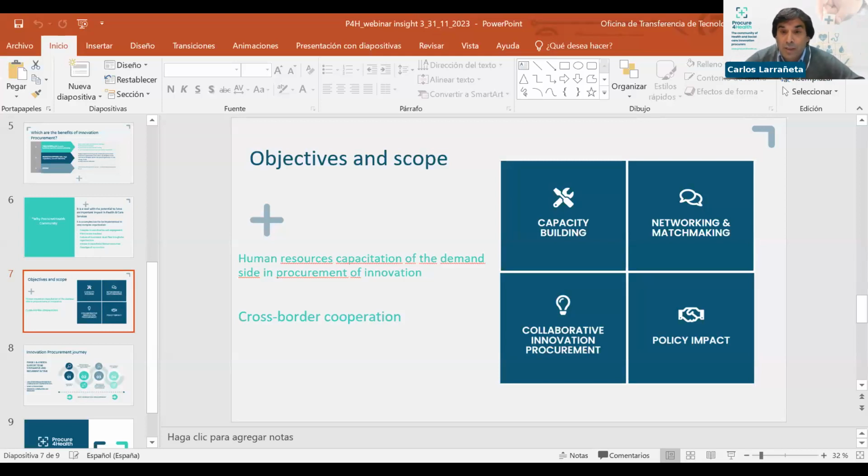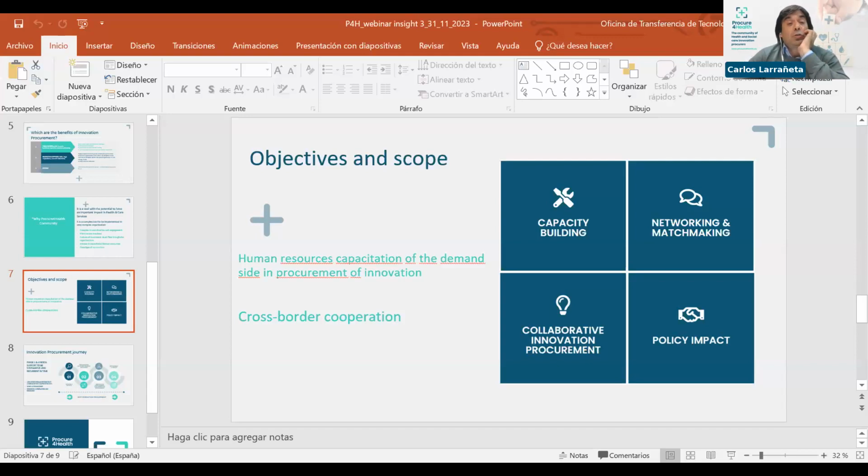We want to make it a massively used tool, so we can shift from having kind of handcraft procurement of innovation projects to mass production procurement of innovation projects. So that's what we're working on, capacitating the demand side.